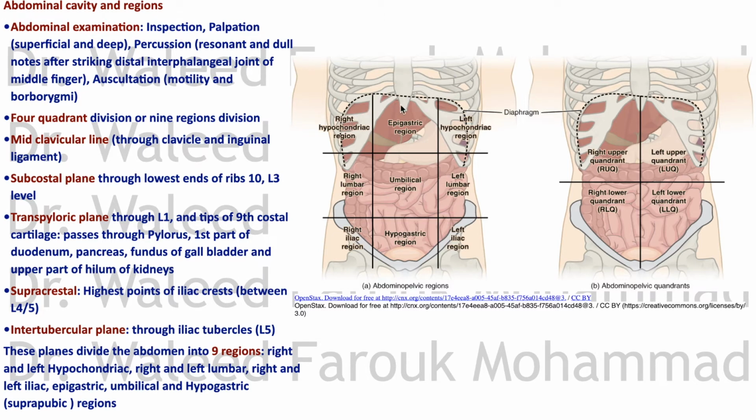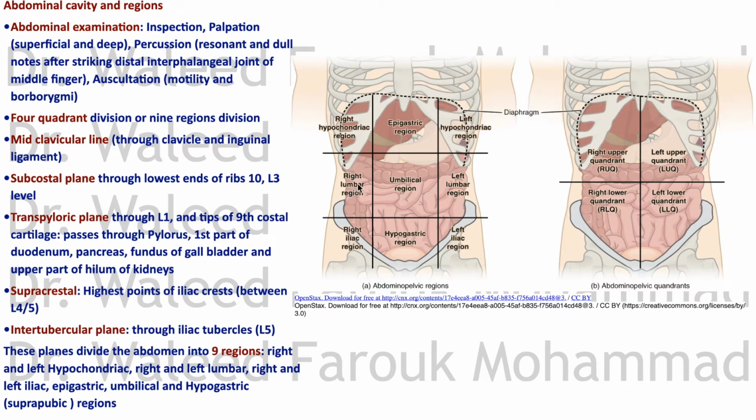The middle parts are the epigastric, the umbilical, and the hypogastric, or another name, the suprapubic. On the right and left, you have the upper right and left hypochondriac regions, meaning beneath the cartilage, concealed regions to protect the viscera behind.